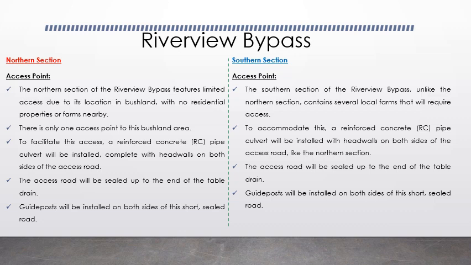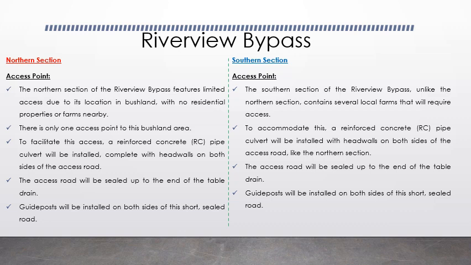To ensure accessibility, we'll be installing a reinforced concrete pipe culvert, which will include head walls on both sides of the access road. The road itself will be sealed up to the end of the table drain to provide a durable surface for vehicles. Additionally, we'll install guideposts on both sides of this short sealed road to enhance safety and navigation.